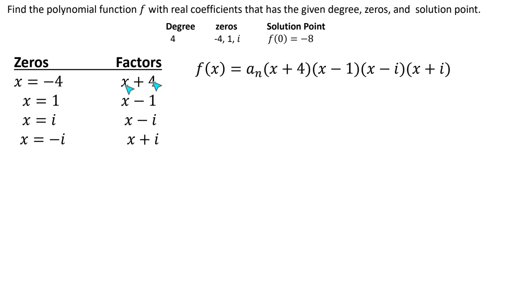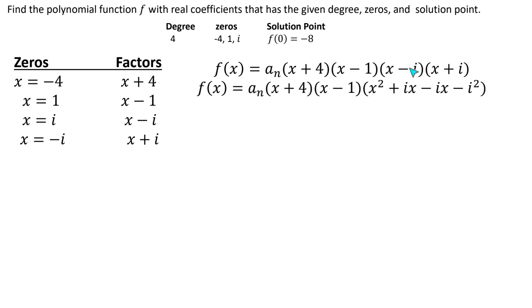The factors: x equals -4 will have a factor of x plus 4, x minus 1, and so on. So we're going to write it as a polynomial: f of x equals some leading coefficient, which we don't know what it is, and then I have my factors. We want to multiply these out. I recommend that you multiply the imaginary factors first.